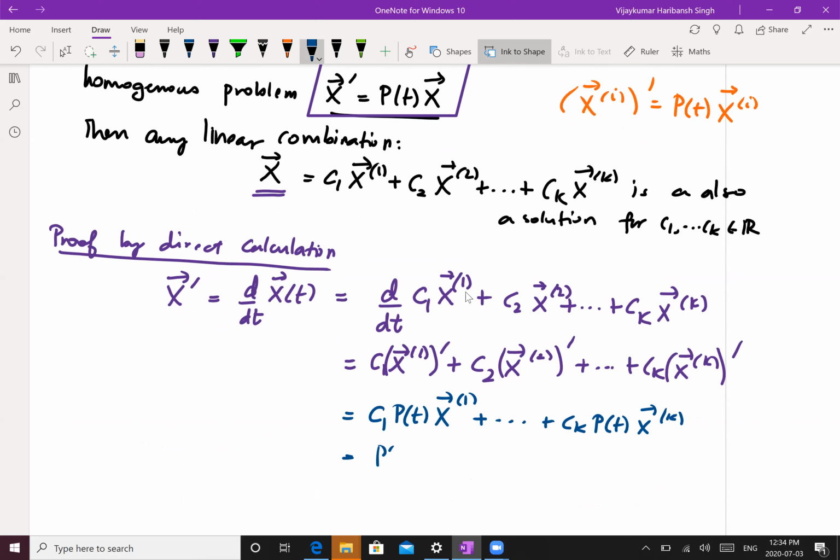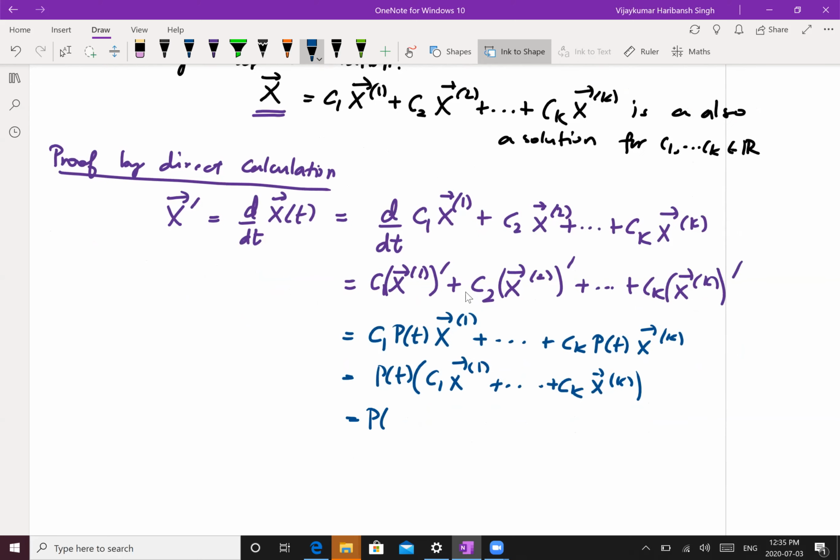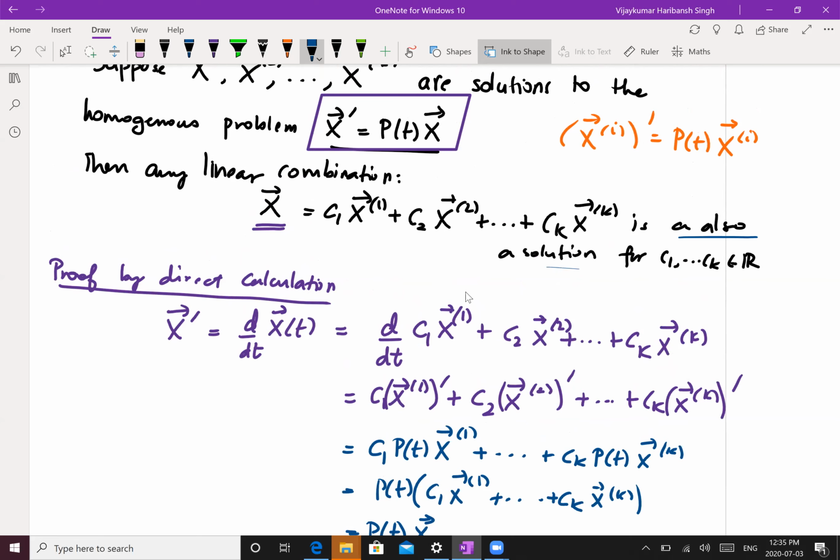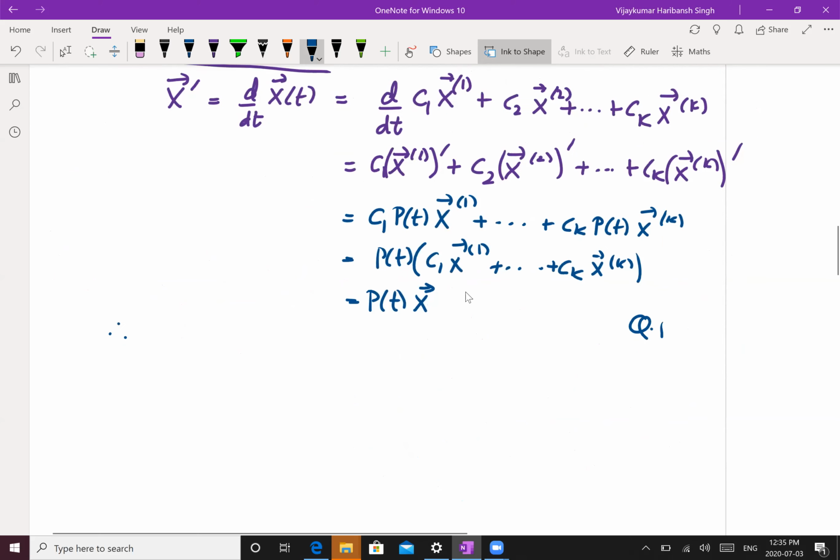So I can take P of t common, and what is left in the bracket is c1 x1 plus ... plus ck xk. Now this is exactly what your X is, so that you get P of t times X. So therefore, what is the upshot of this? Any linear combination is also a solution. All right, so this is proved.